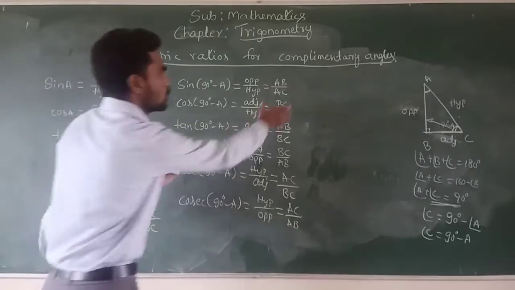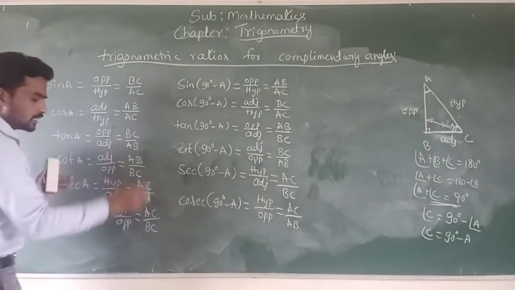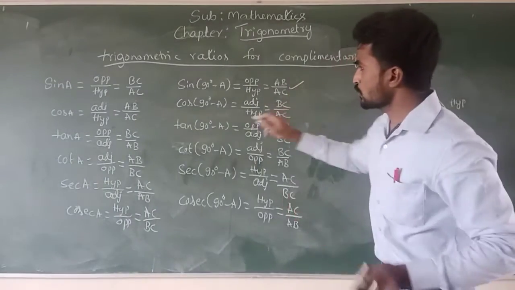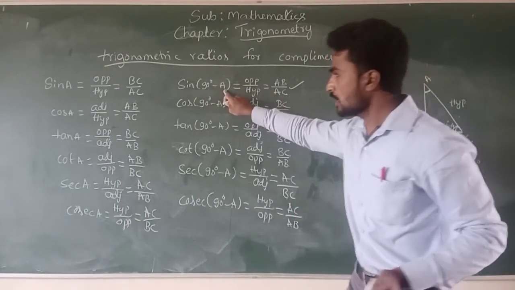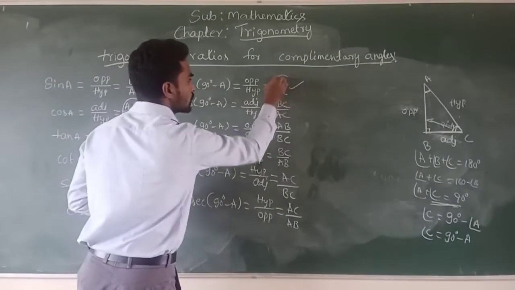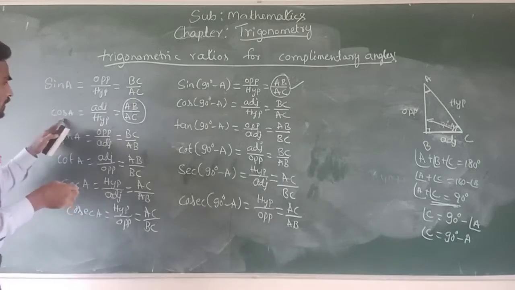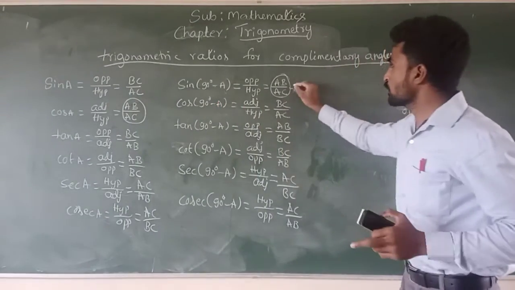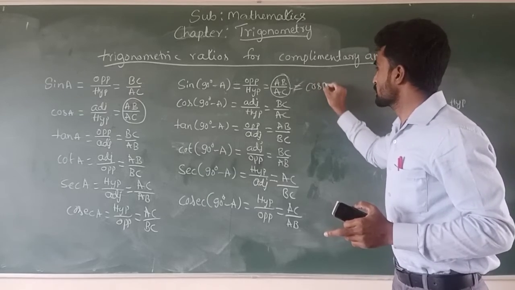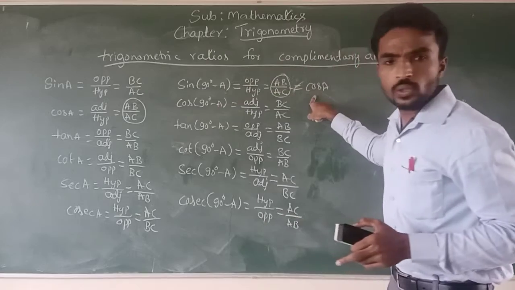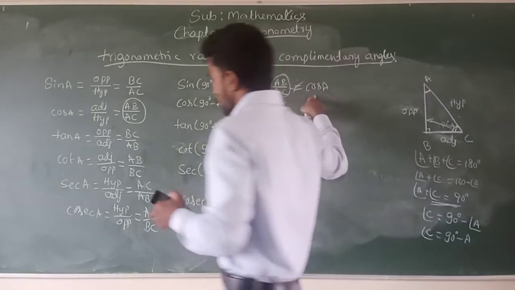Just observe these trigonometric ratios. Here AB by AC is equal to sin of 90 degrees minus A, but AB by AC is also equal to cos A. Then sin of 90 degrees minus A is equal to cos A. This is the formula.